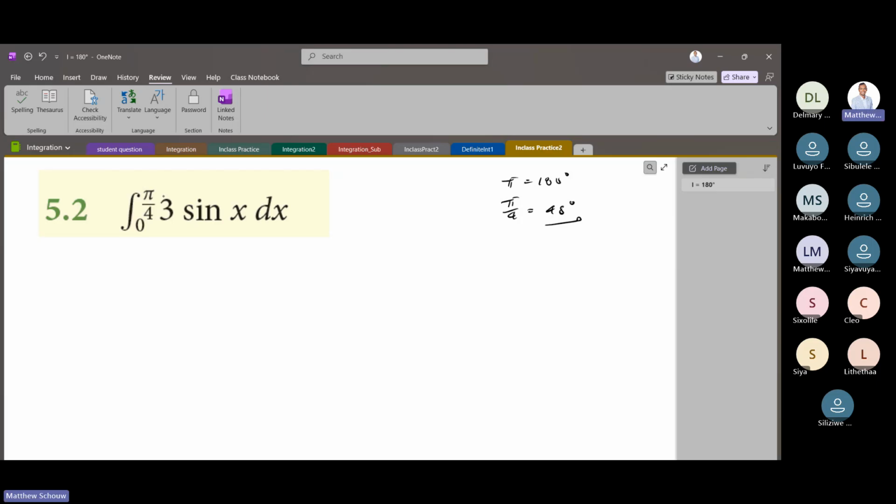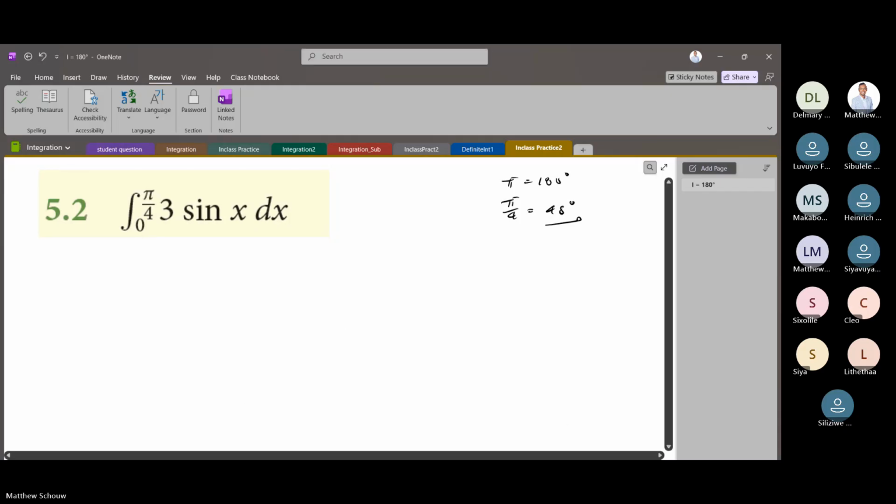I'll give you guys, this shouldn't take more than a minute. What's the answer to this one?